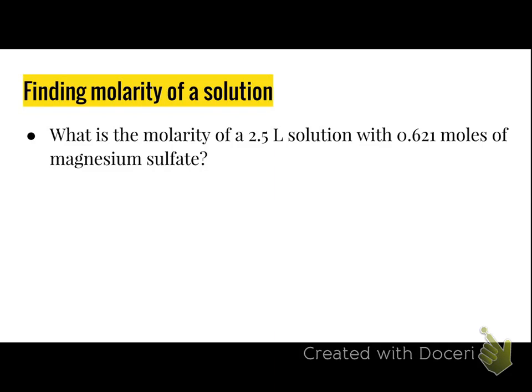All right. So you're going to see a few different types of problems. One of the easiest is when you're just finding the molarity of the solution. In this problem, we're asking for the molarity of a 2.5 liter solution with 0.621 moles of magnesium sulfate. Now, in this, it really doesn't even matter that this is magnesium sulfate, because our molarity is just based off the number of moles and the liters of the solvent.